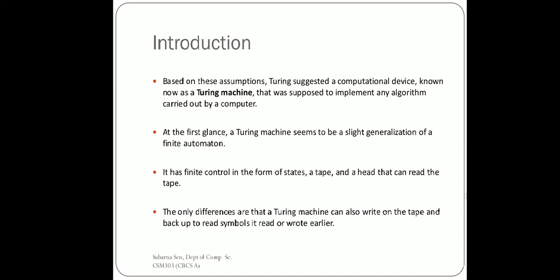The only difference is that a Turing machine can also write on the tape and back up to read symbols it read or wrote earlier, right? It keeps a backup with it. It's very essential, and wherever it is reading on the tape, it may write again, meaning it may put some input of its own according to the requirement of our algorithm. Fine.